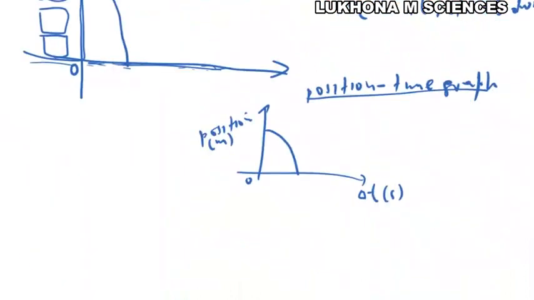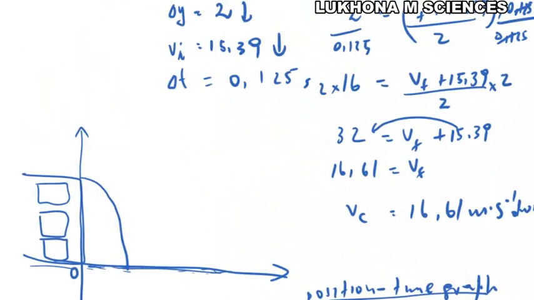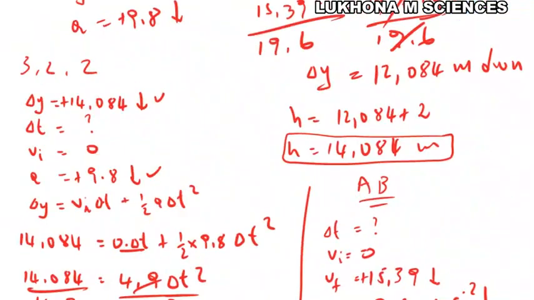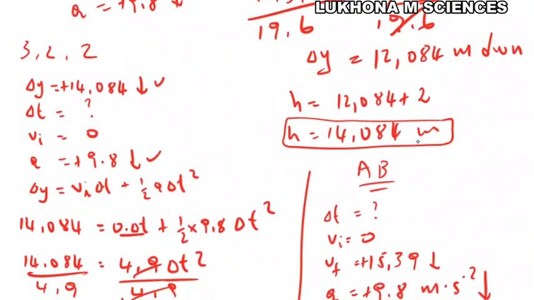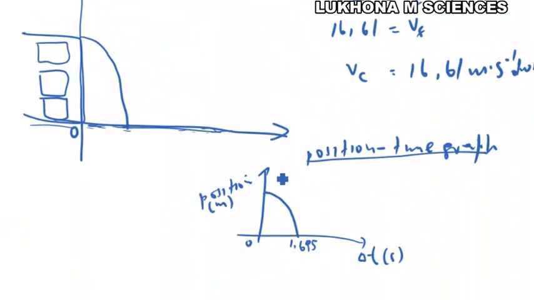So we'll just write 1,695 here. Then the height here, that is the height. Total distance, it's the height of the building, 14,08, which means we write the height here, 14,08. Then the graph is done.